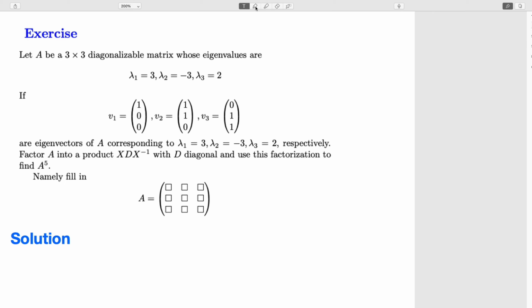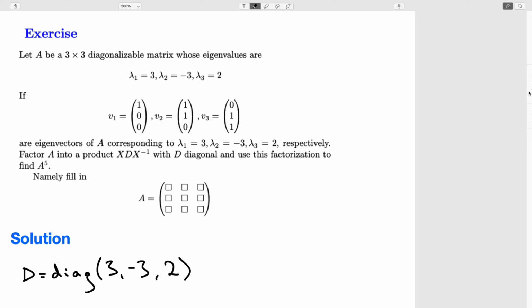So solution. Okay, so first of all, finding X and D is quite easy. So D is the diagonal matrix, diag, such that it has lambda 1, lambda 2, lambda 3 on the diagonal. So 3, negative 3, 2.